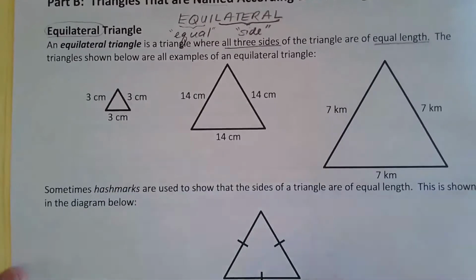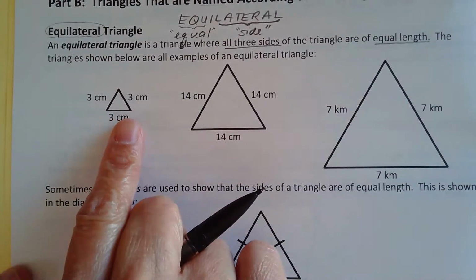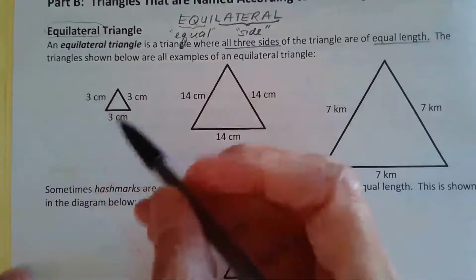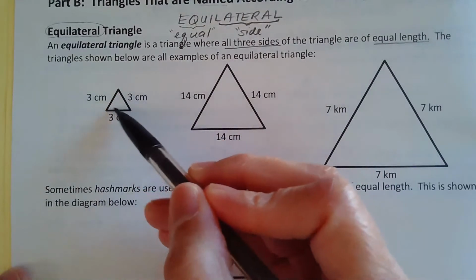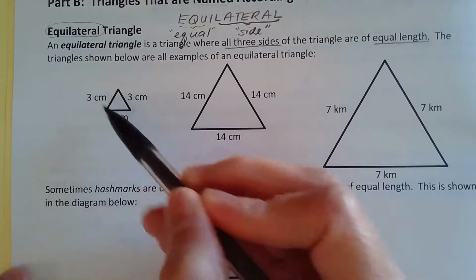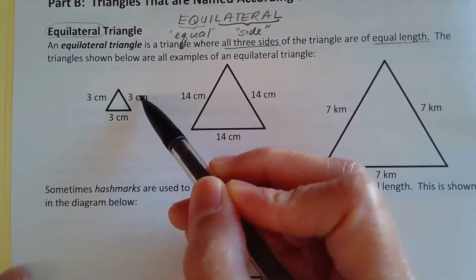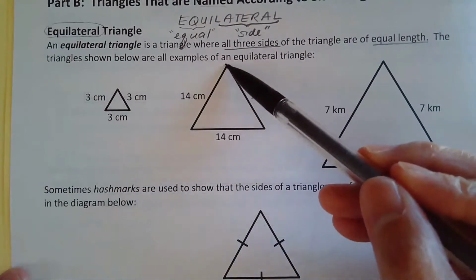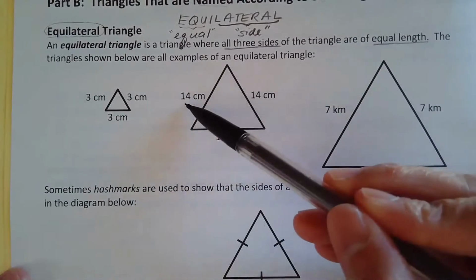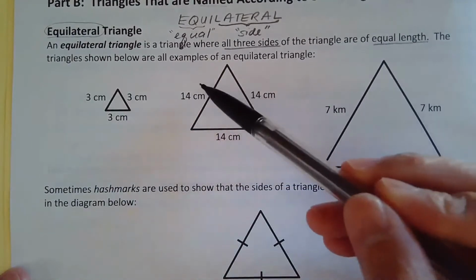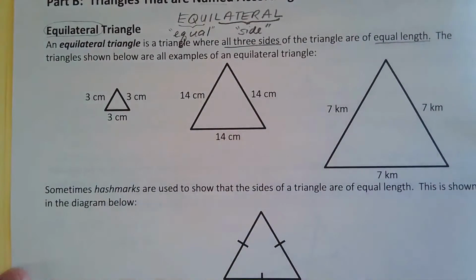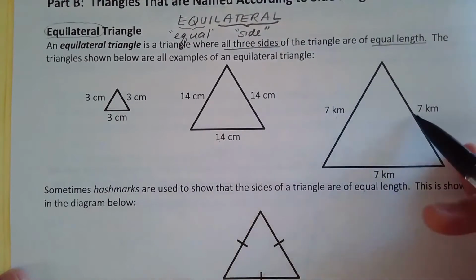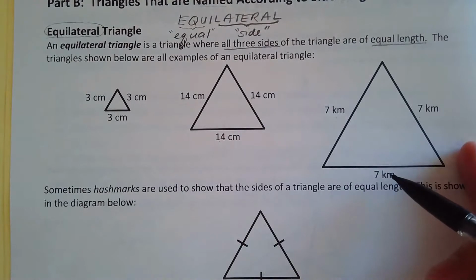These are all examples of equilateral triangles. An equilateral would be a small triangle, 3 centimeters on all three sides. You can have a big one, 14 centimeters on each of the three sides. And 7 kilometers, 7 kilometers, and 7 kilometers on each side.